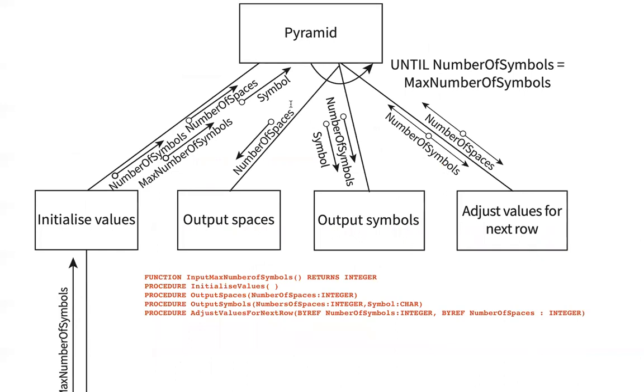Then we saw that this loop can be used to show subroutines being executed again and again. In this case, these three subroutines, output spaces, output symbols, and adjust values for next row, are executed in exact same order in a loop, and the loop will run as long as this condition is not true.